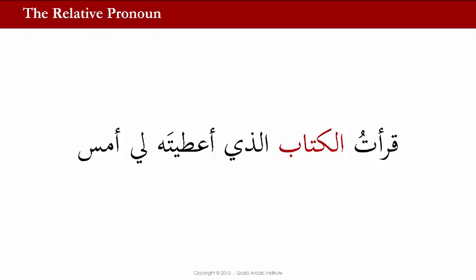Now, because we have a subordinate clause connected to al-kitab, we have to use a relative pronoun, and this has to accord with the gender and the number of that noun. So here, al-kitab is masculine singular, so we're going to use alladhi, which is masculine and singular. قرأت الكتاب الذي. I read the book which.